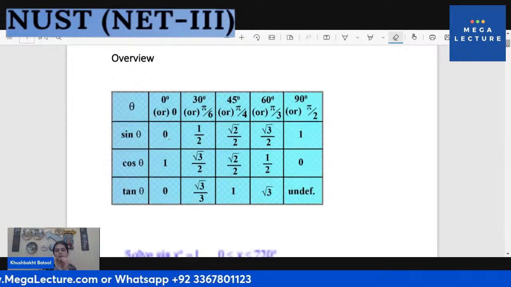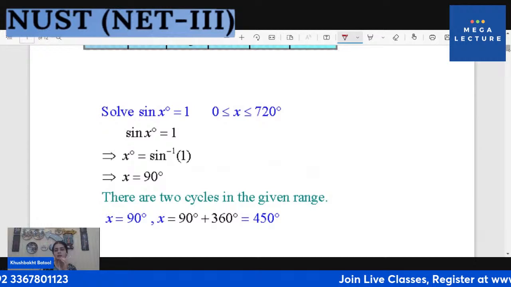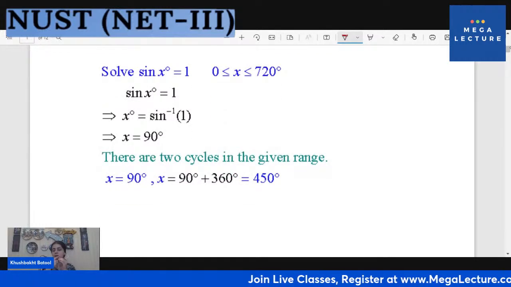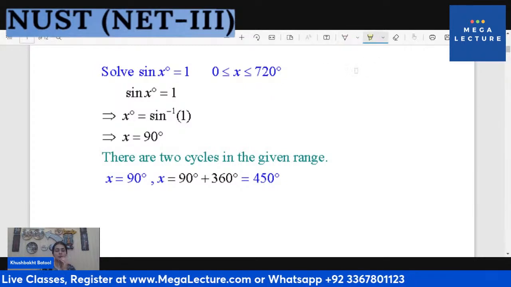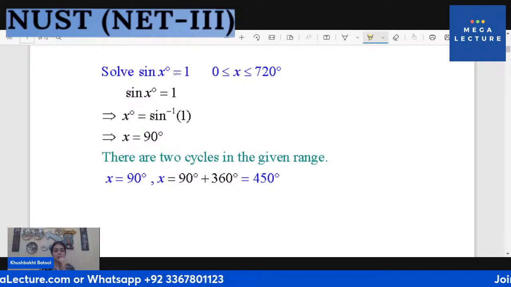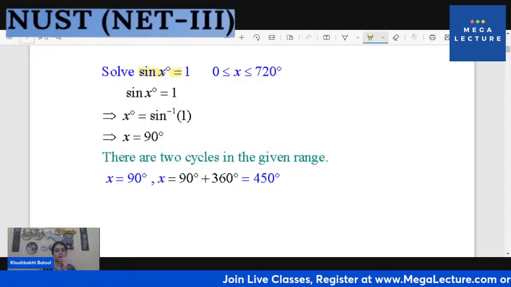That is an example. Now, since this is the 13th chapter where you need to solve trigonometric equations, what exactly does a trigonometric equation look like? Any trigonometric equation would be an equation with an equality sign, and it would have one, two, or three trigonometric functions.